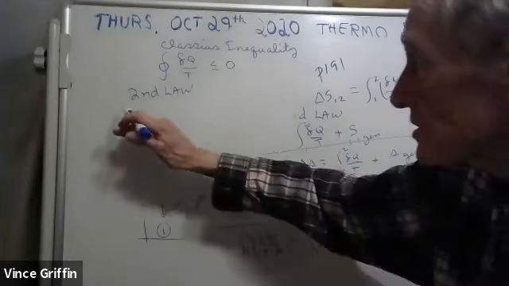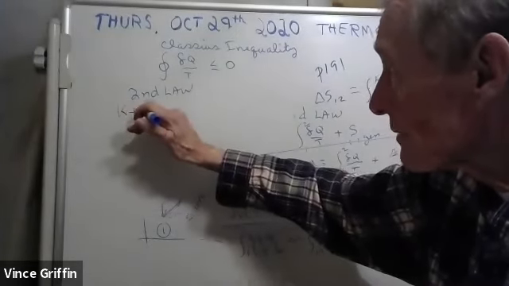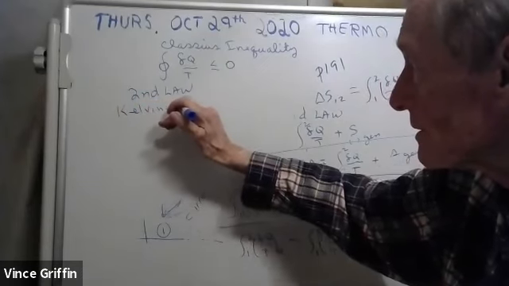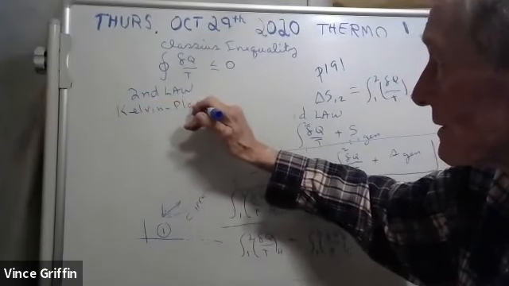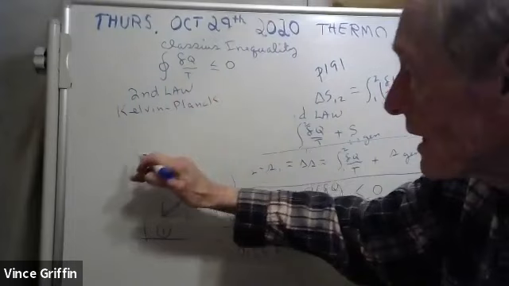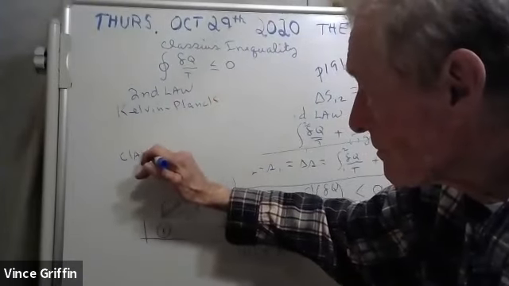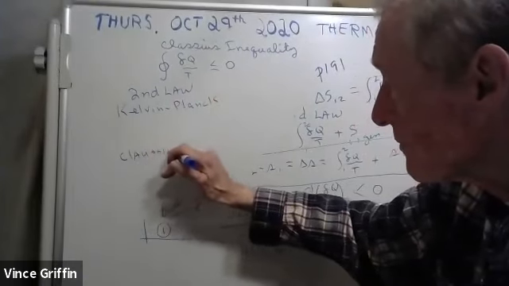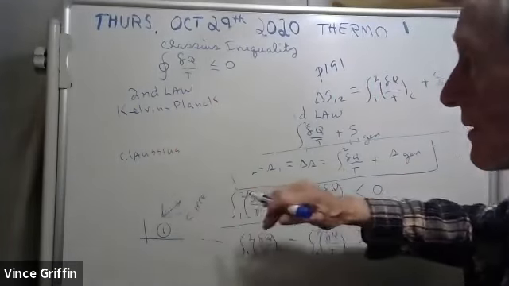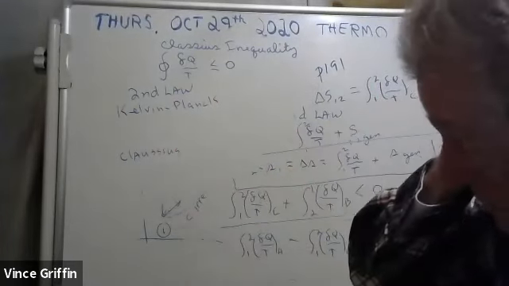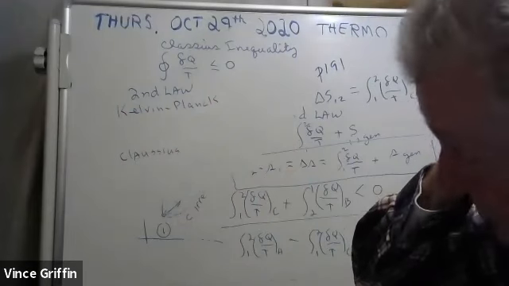There are two versions: the Kelvin-Planck version and the Clausius version.